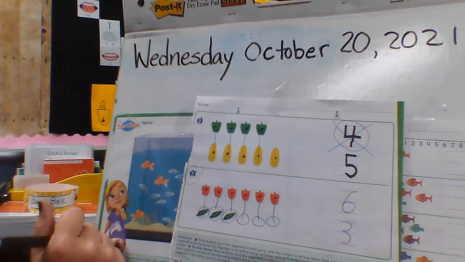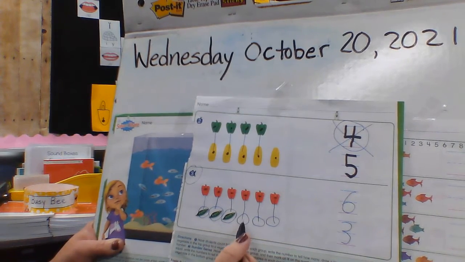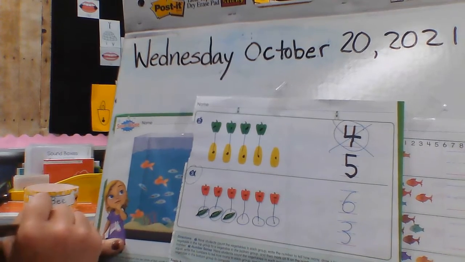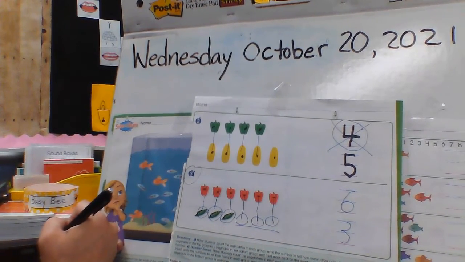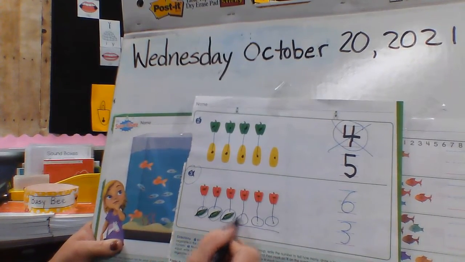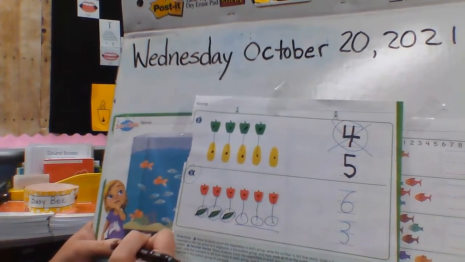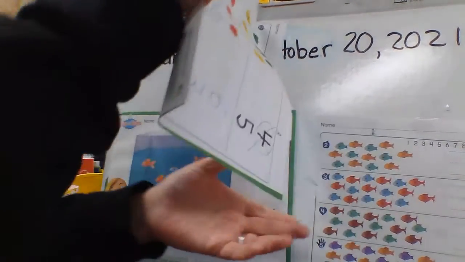So how many more did I have to draw, boys and girls? I had to draw 1, 2, 3. I had to have 3 more peas to make them equal. So now that I drew that, now they are both 6. They're both equal.